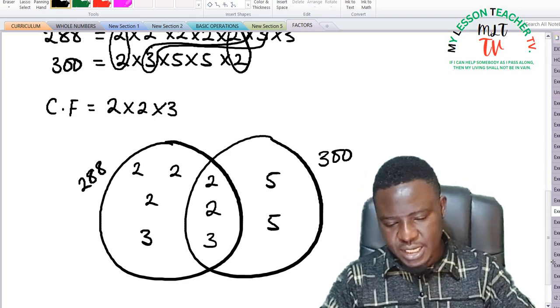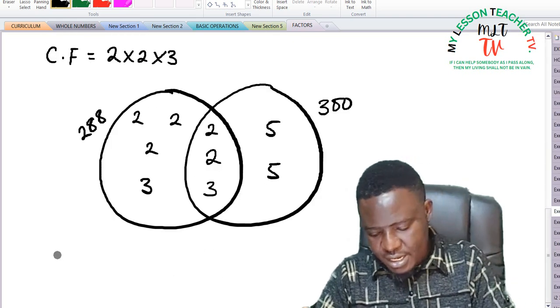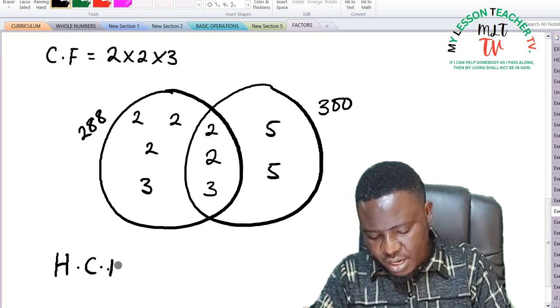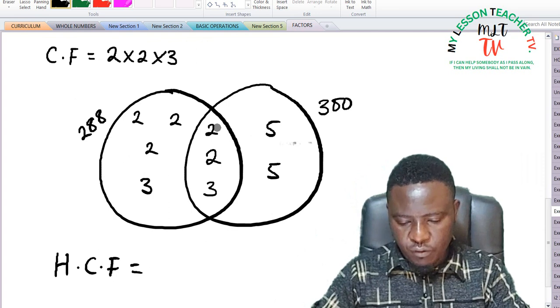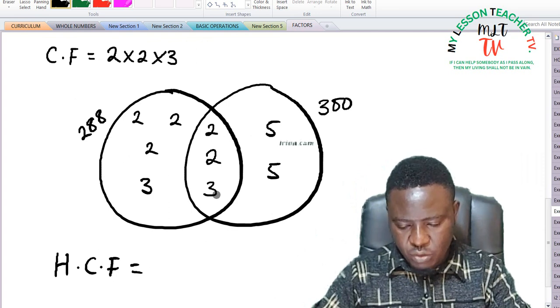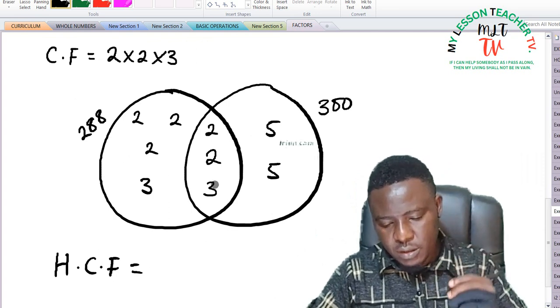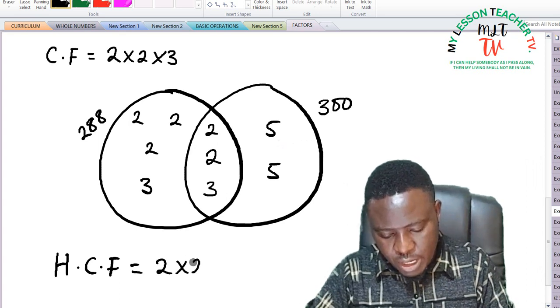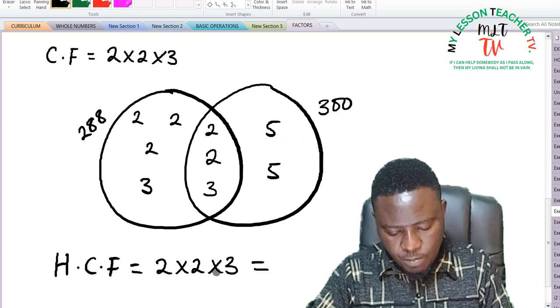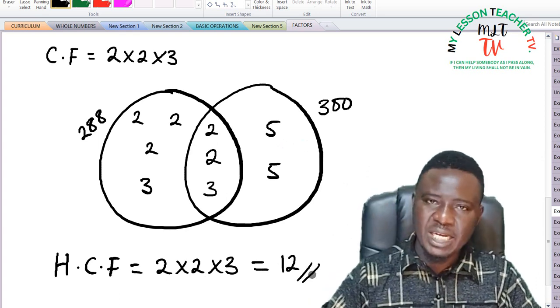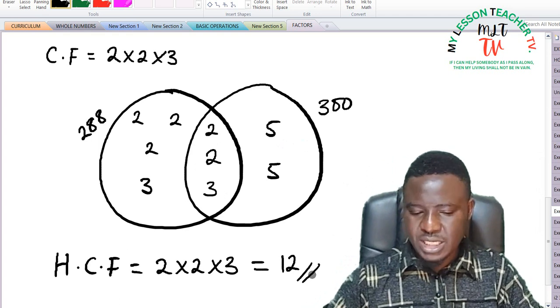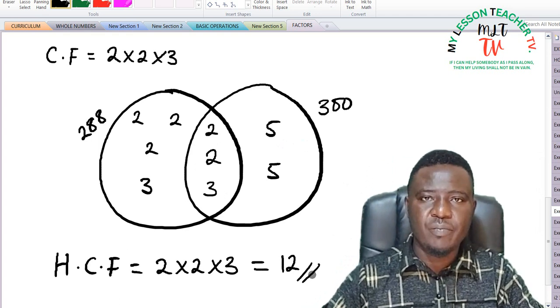So the HCF is the product of the numbers you find in the overlapped region, which is 2 times 2 times 3. 2 times 2 is 4, 4 times 3 is 12. So 12 is the HCF of 288 and 300.